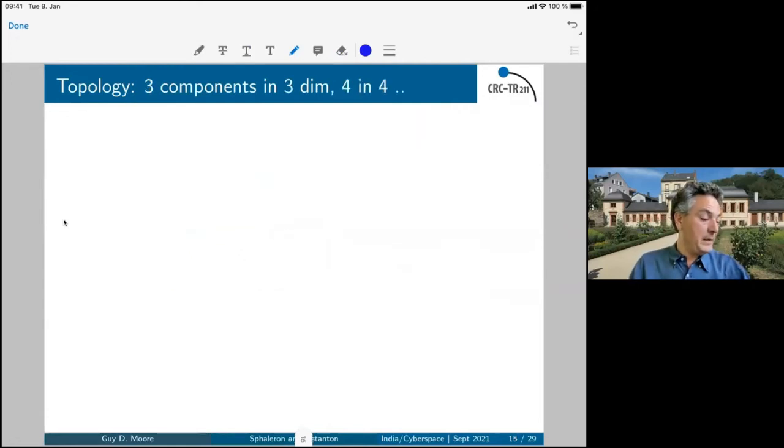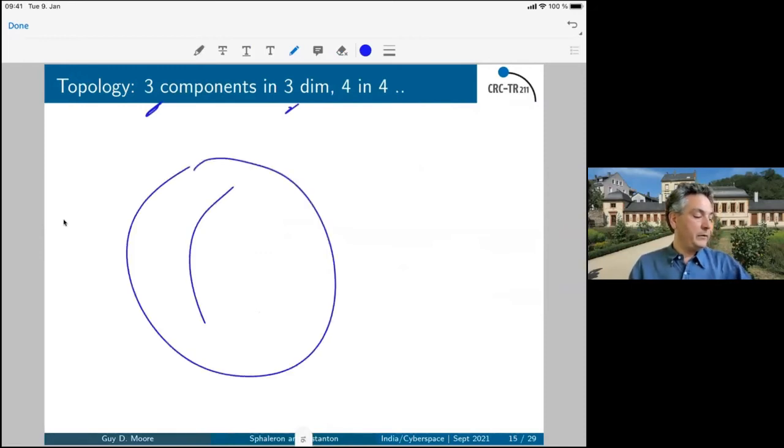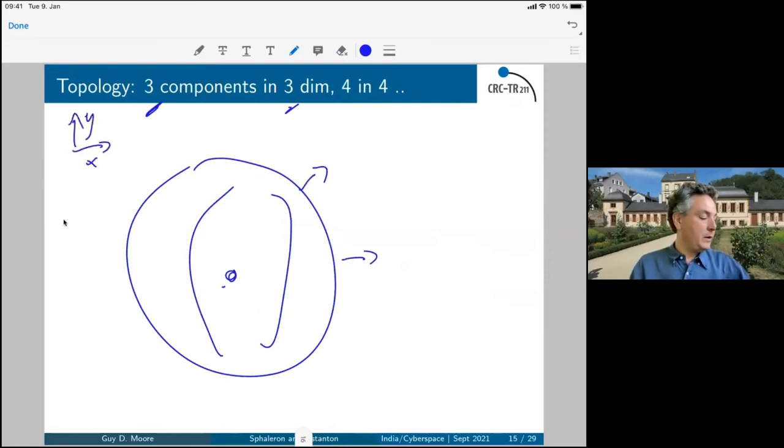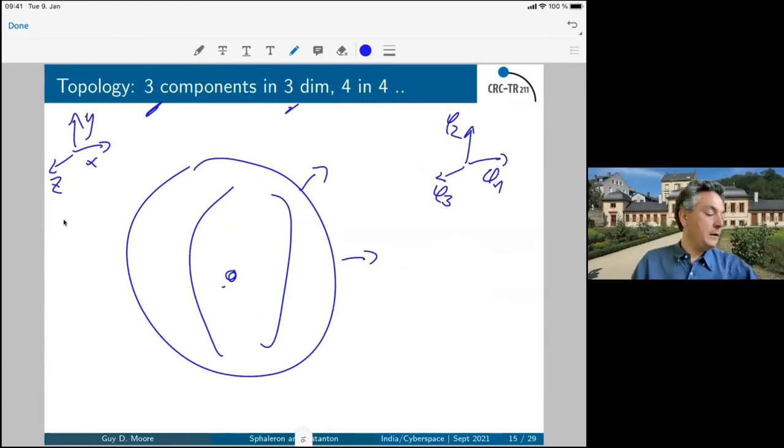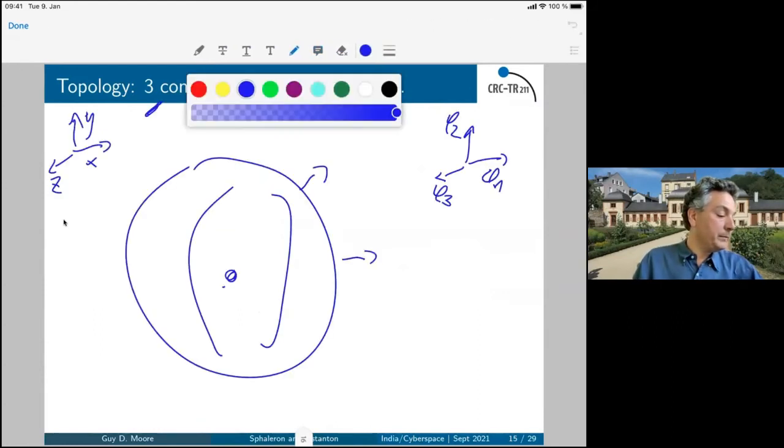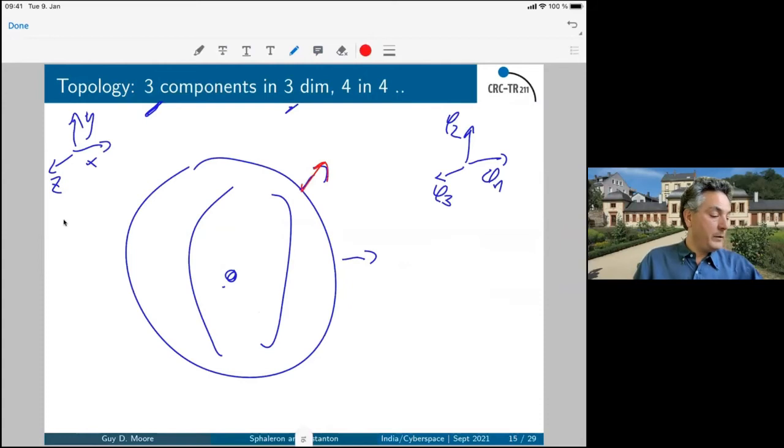Okay, and the same thing can happen in 3 components in 3 dimensions on the surface of a sphere around some sad point now in x, y, and z. I can have phi 1, phi 2, and phi 3 point always on the normal of this sphere.